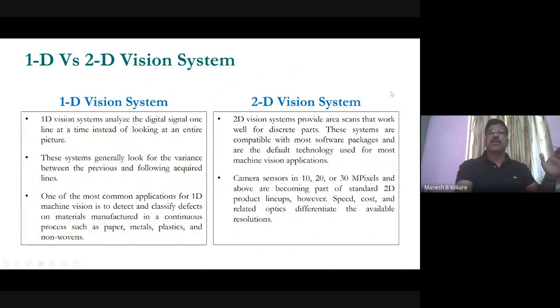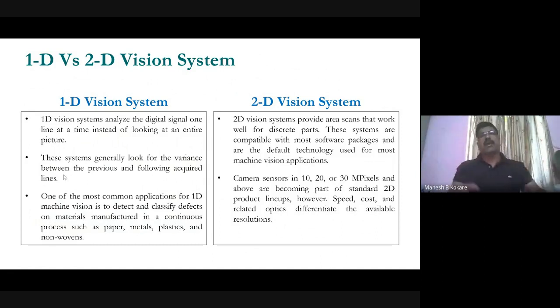Whereas in the case of a two-dimensional system, the complete picture of that object or product is taken and then processing is done. A one-dimensional vision system generally looks for the variance between the previous line and the following acquired lines, and from that difference we can infer whether there is any defect.